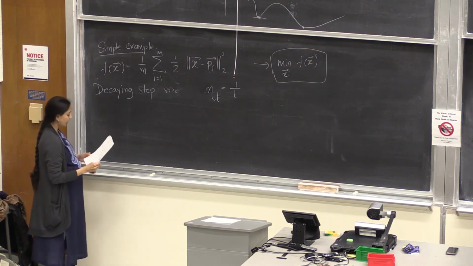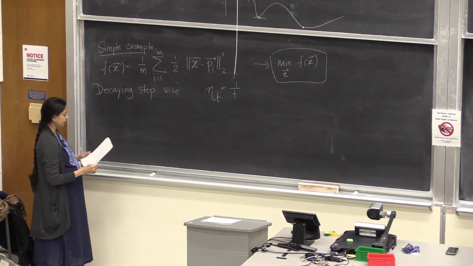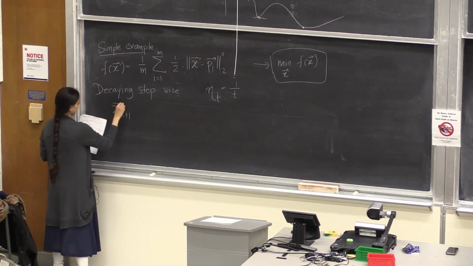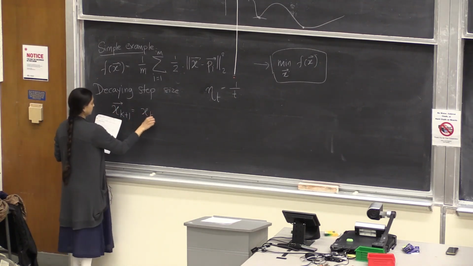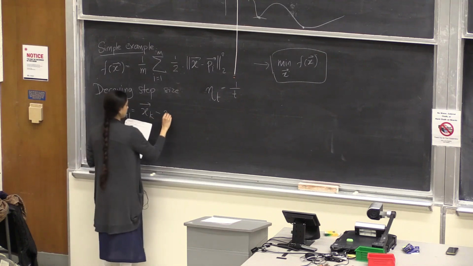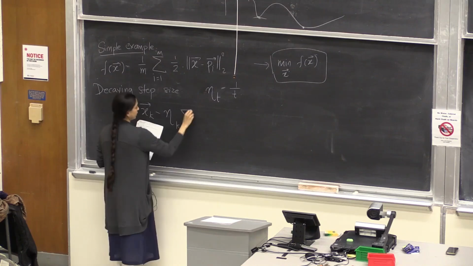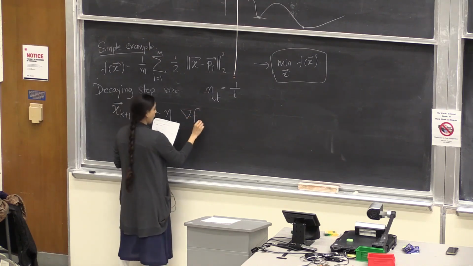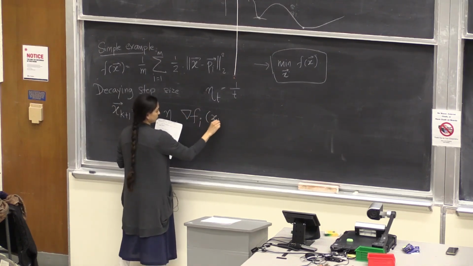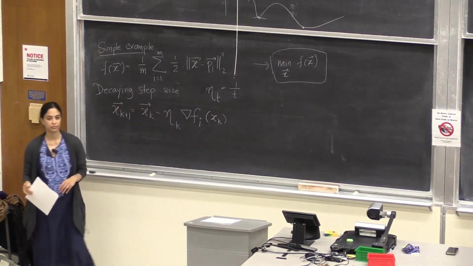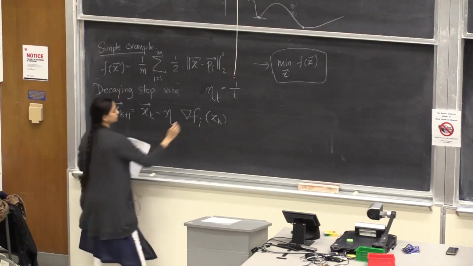And I'll remind you all of what the gradient descent update is going to do. Well, I have xk plus 1 is equal to xk minus, let's say, eta k times gradient of f i at xk, right?